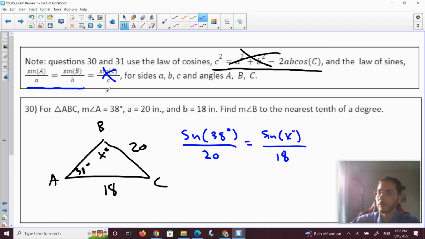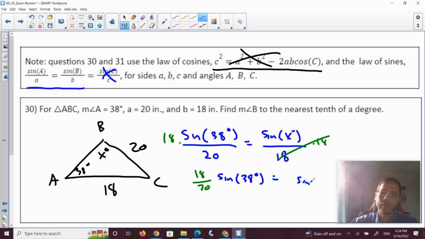I'm trying to get the X by itself, so I'm going to need to multiply both sides by 18. I could cross multiply too if I want, but this is going to be a little bit faster. So I've got 18 over 20. Again, I could reduce that, but I'm going to hold off on that. Sine of 38 degrees equals sine of X.